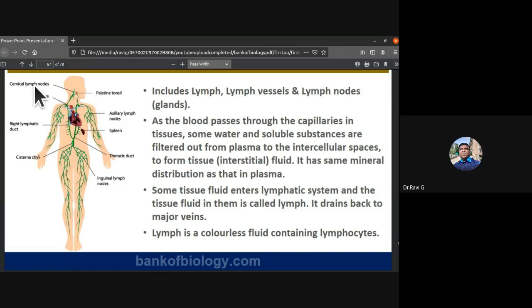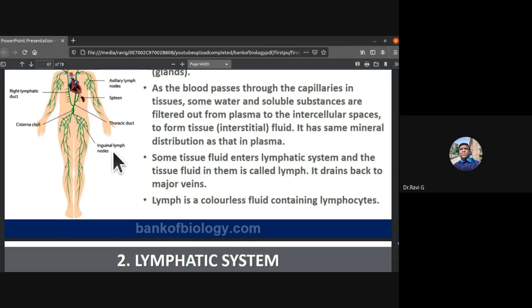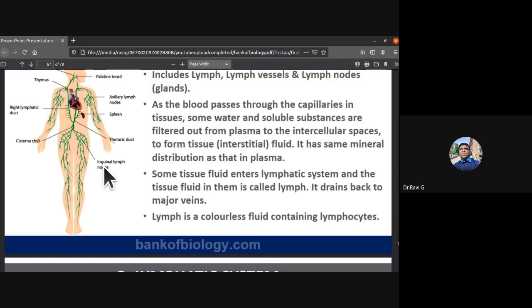The palatine tonsils, cervical lymph nodes, thymus. You can notice the axillary lymph nodes, cervical lymph nodes, inguinal lymph nodes, lymph ducts and lymph. Lymph is a colorless fluid which contains lymphocytes.